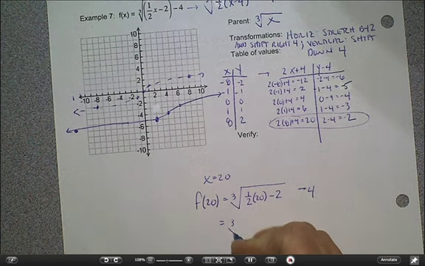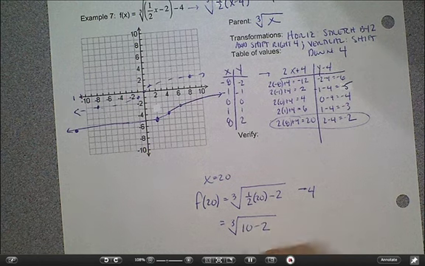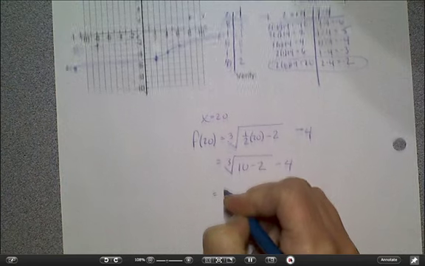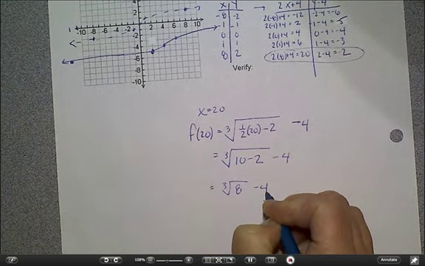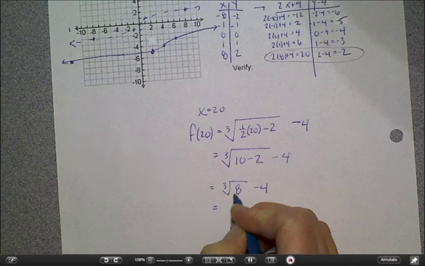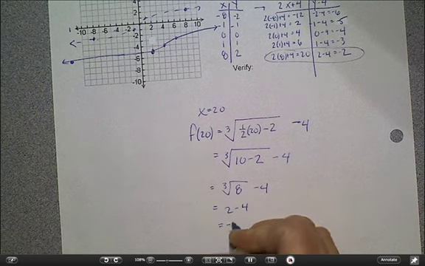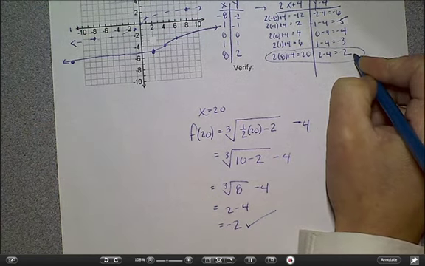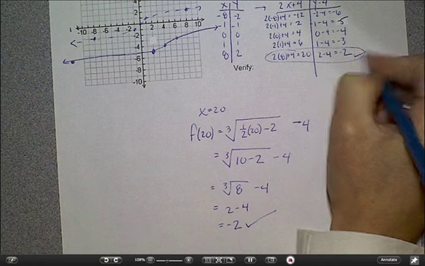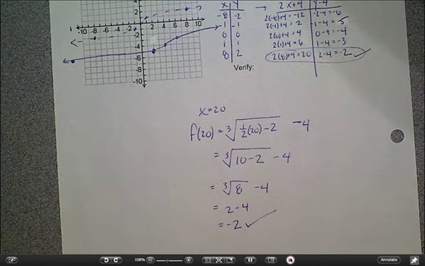So I take the cube root of 1/2 of 20, 10 minus 2, and then minus 4. Oops, sorry. And then the cube root of 8 minus 4. Cube root of 8 is 2. Minus 4 is -2. And that's what I said should happen in the table. I said that the x value of 20 should have an output of -2.